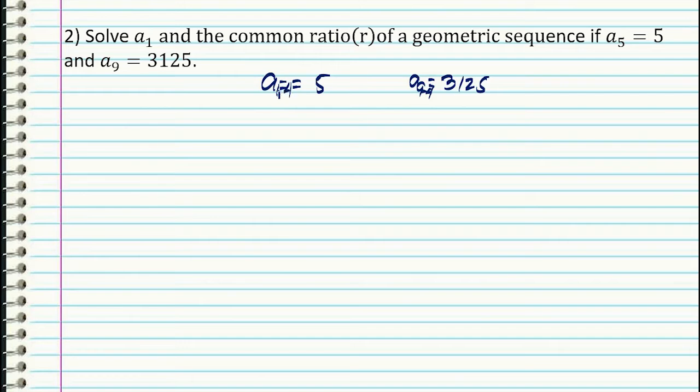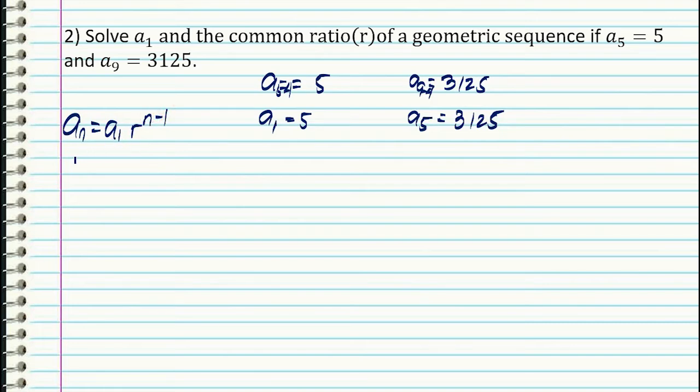Whatever you subtract here, you have to subtract as well in this term. So we have a sub 5 minus 4, so we have a sub 1 equals 5, then a sub 9 minus 4 is now a sub 5, so 3,125. Now let's use the formula a sub n equals a sub 1 times r to the n minus 1.